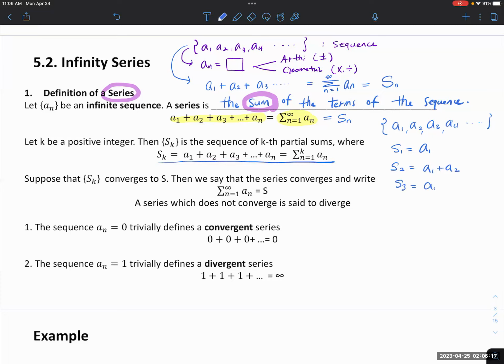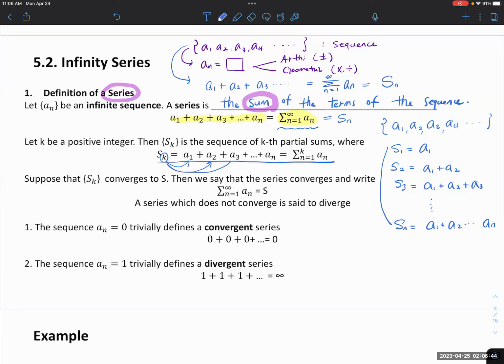S3, you are adding up to 3. Therefore, S_n, you are adding all the numbers up to the nth number. That's what I'm saying. If k is 1, it's only adding 1. If k is 2, then second, then third. That's the pattern. So you can think about it as the summation notation, right? That's the definition so far.